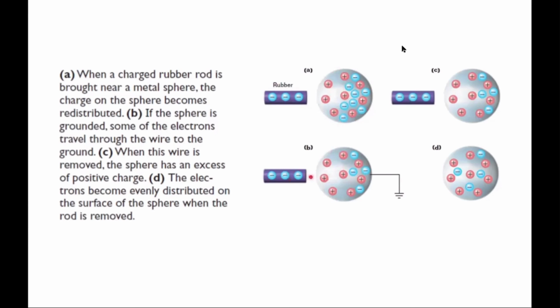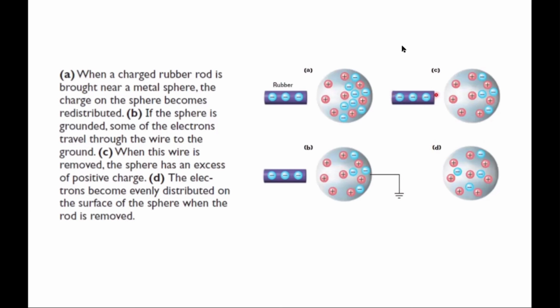Because here we have a negative rod that is not in contact with it, but beside or near it. And if we connect the sphere to the ground, or we ground the sphere, basically, some of the electrons are going to be lost. Okay, and after some of the electrons are lost, if we remove the wire, we're going to be left with a positively charged sphere.